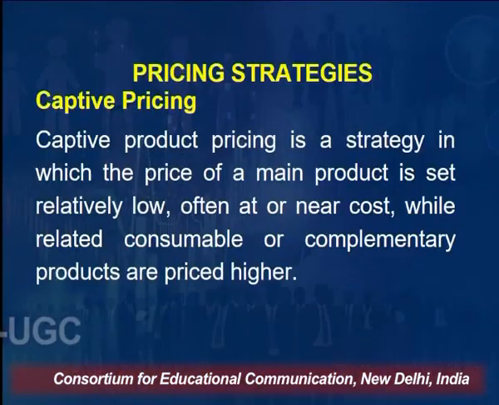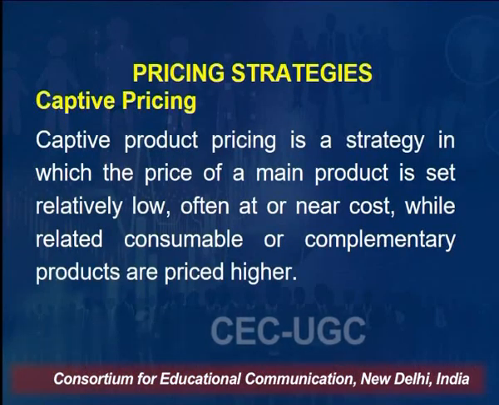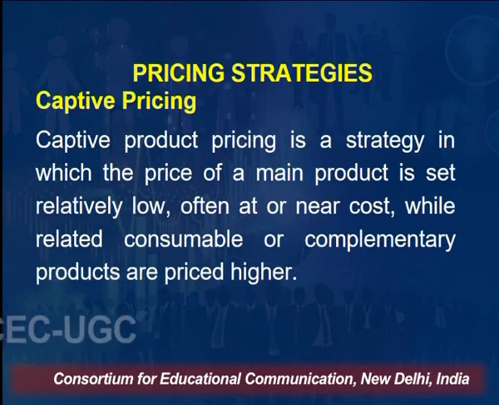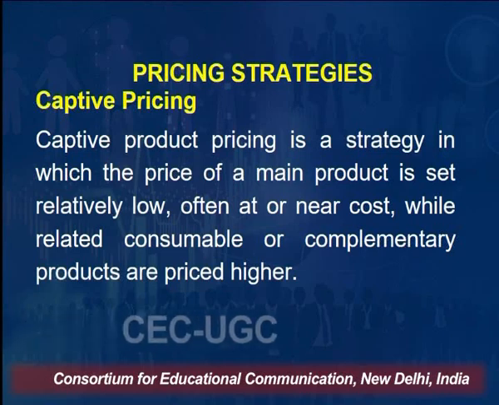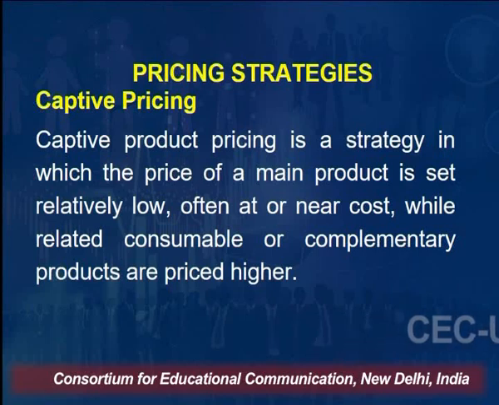Now, there is also the captive pricing strategy, in which the price of a main product is set relatively low, often at or near cost, while related consumable or complementary products are priced higher. The goal of this approach is to create a captive market for the complementary products, as customers are effectively captured by their need for the main product.